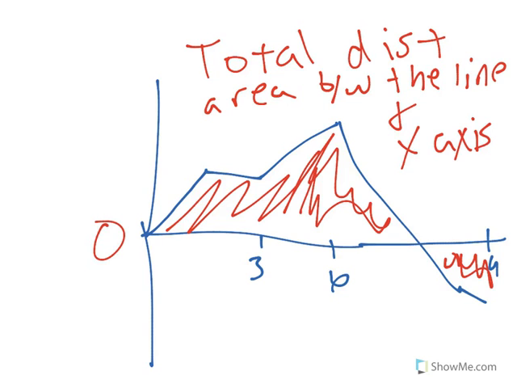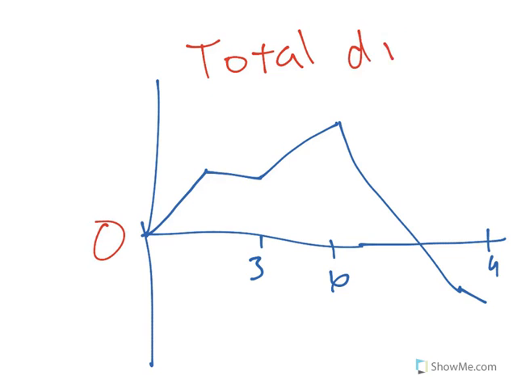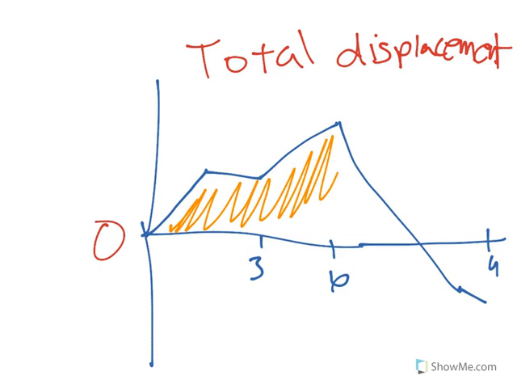But what if I wanted the total displacement? How far from the start is this guy? Total displacement. Well, then I would need to do something different. I would need to find the distance traveled above the line, and then the distance traveled below the line.